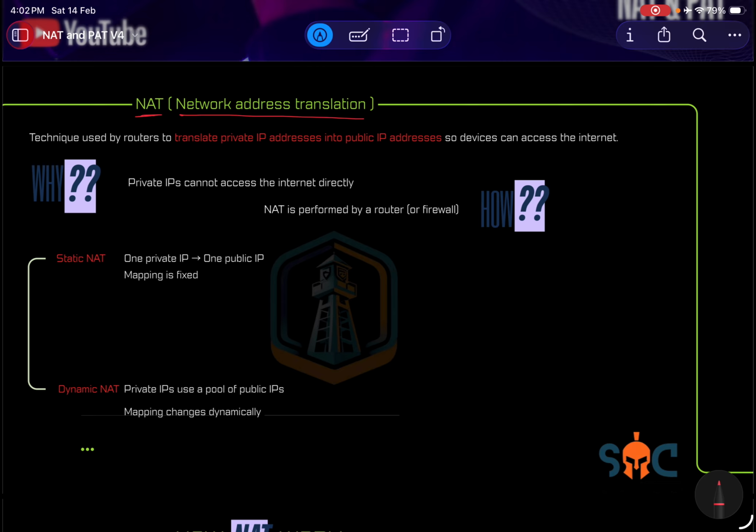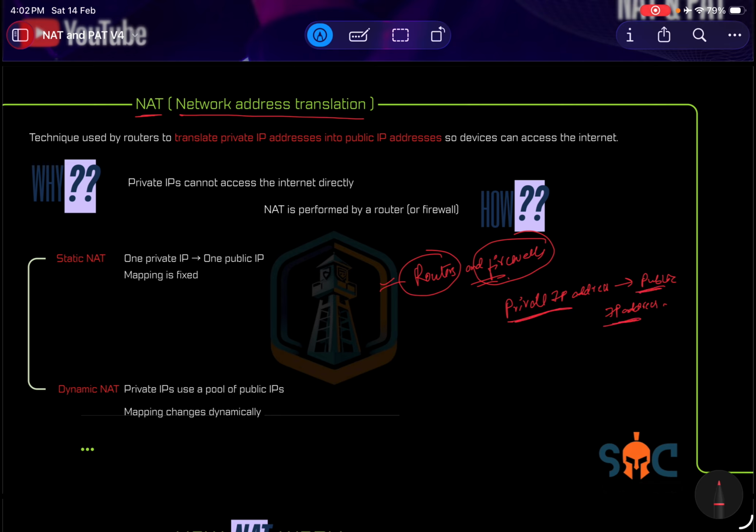Okay, so it is basically a technique used by routers and firewalls to translate private IP addresses into public IP addresses before sending traffic to the internet.